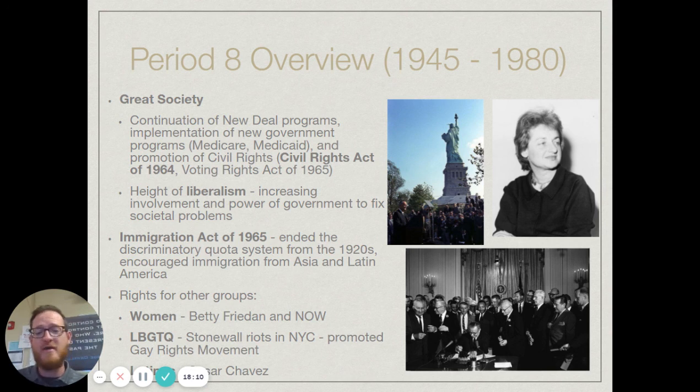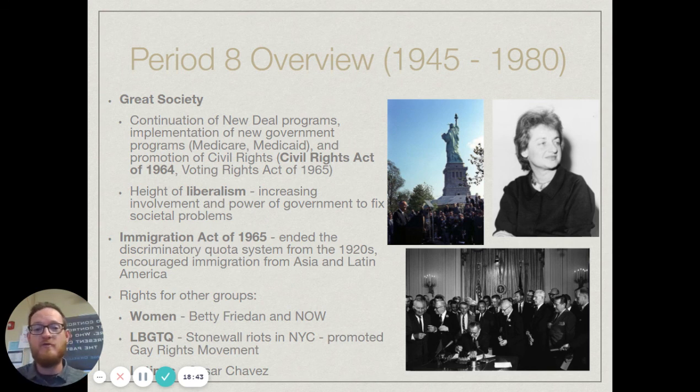Now, after this, we're going to talk about the conservative movement, which is very much a reaction to the liberal movement of the Great Society and the War on Poverty. In 1965, you would have the Immigration Act, which, once signed, eliminated the quota system that had been set up in the 1920s and actually encouraged people from Asia and Latin America to immigrate to the U.S. Along with this time, you're also going to see growth in civil rights, like I said, kind of coming out of the African American civil rights movement.